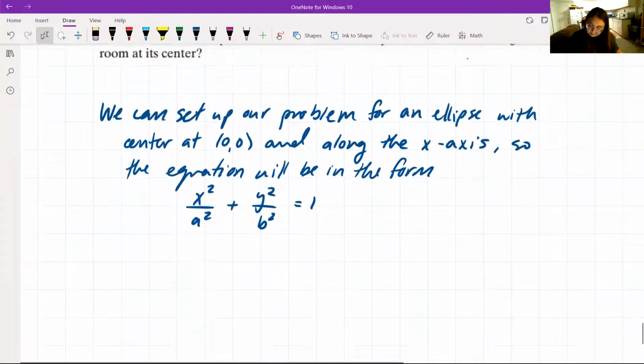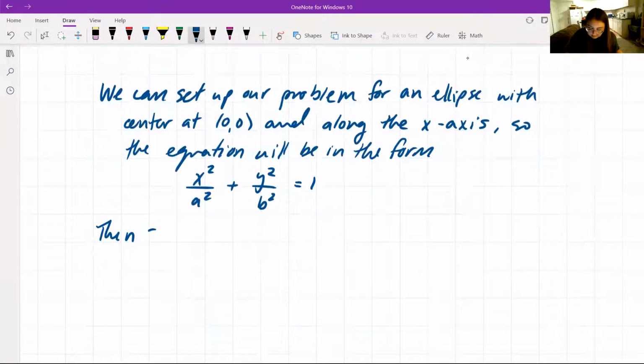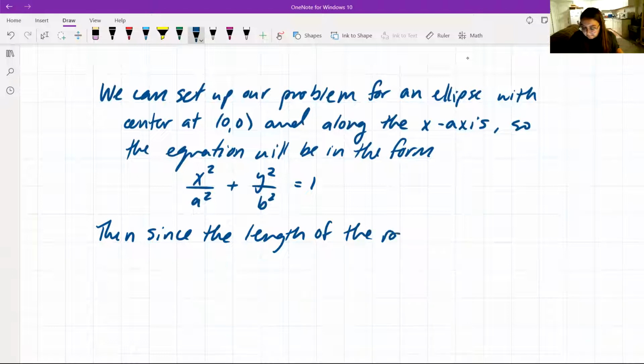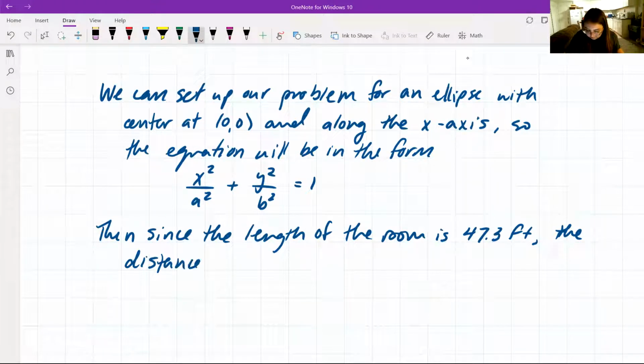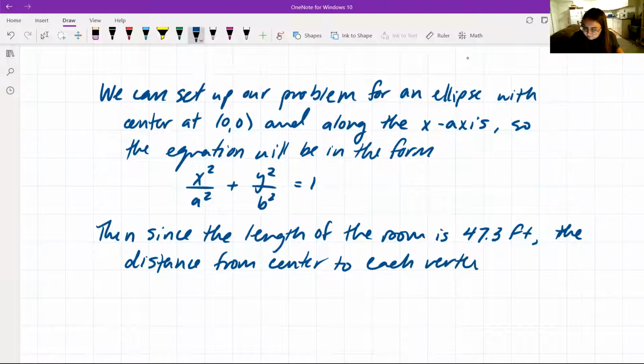Then since the length of the room is 47.3 feet, the distance from center to each vertex will end up being 47.3 divided by 2, since we know the distance from one end of the room to the other end, so one vertex to another vertex, is 47.3 feet.